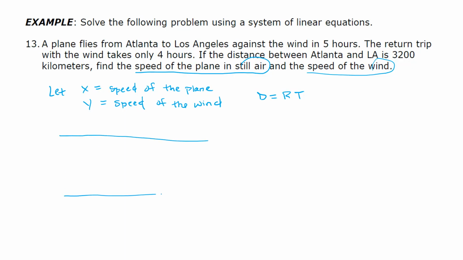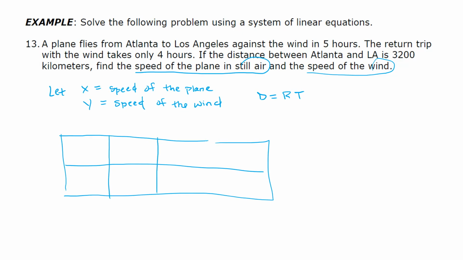I'm going to draw a box to help us visualize this, and I need 4 columns. There we go. This is D, R, T, and this will be with wind, against wind.